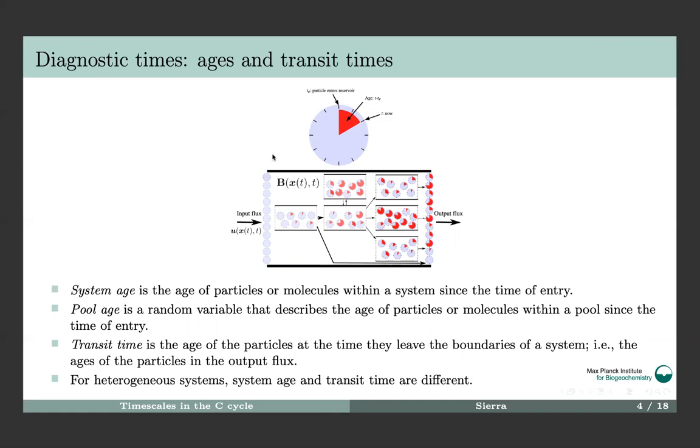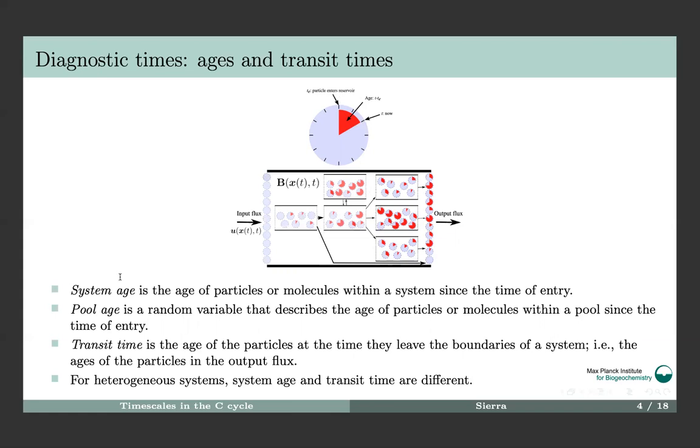So all the mass that enters the ecosystem will have an age equal to 0. When particles enter the system, they start mixing with other particles that have been there already and have different ages, and therefore all of these particles have a mix of ages.